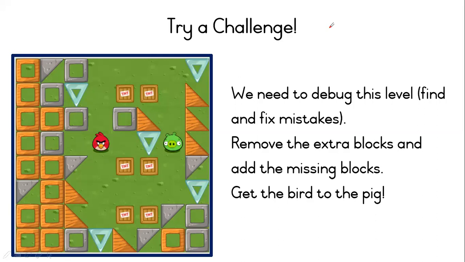We will run it and see what the problem is, and then fix it by removing extra blocks and adding missing blocks. We need to get the bird to the pig. I haven't shared the link yet because I am not in code.org at the moment. As soon as I go there, I will share the link in your chat box. So don't worry about the link yet.